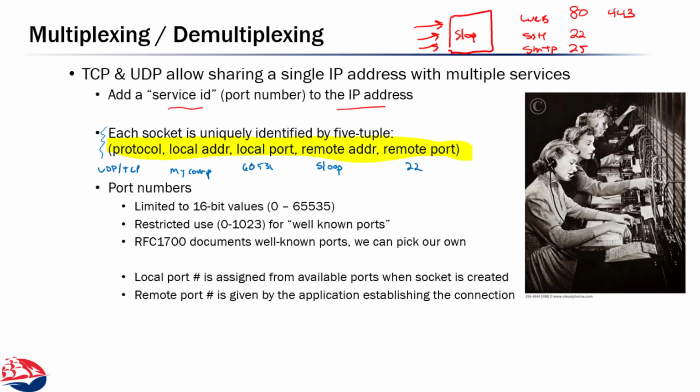It's actually kind of interesting. Let's do a little bit of math and diverge for a moment. We haven't talked about IP addresses yet, but IP addresses are 32-bit values, so there can be 2 to the 32 IP addresses. Actually, there are fewer than that, but we're not going to worry about that. So I could have 2 to the 32 local addresses, 2 to the 32 remote addresses, 2 to the 16 source ports, 2 to the 16 destination ports, and then times 2 to the 1 for UDP or TCP.